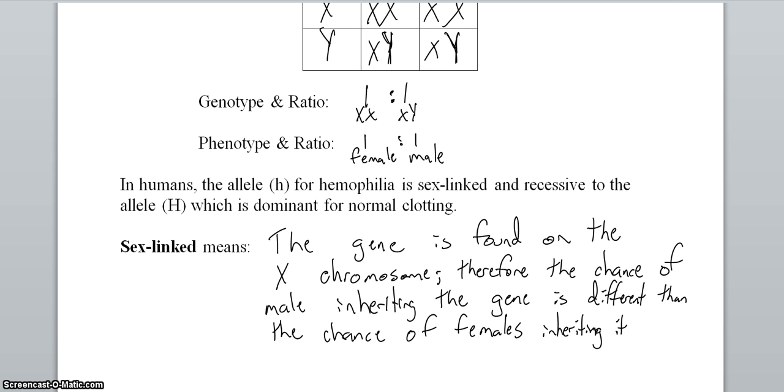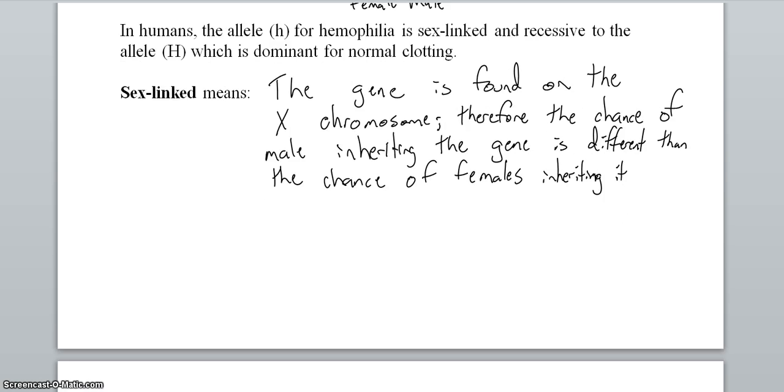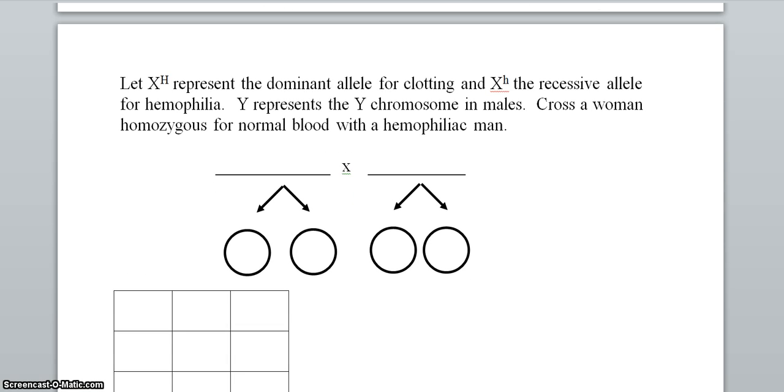Scroll down here. There we go. Okay. So what we're going to do is let the X, representing the X chromosome, with the superscript capital H, represent the dominant allele for clotting, and the big X with the superscript little h, the recessive allele for hemophilia. And Y is just going to represent the Y chromosome.